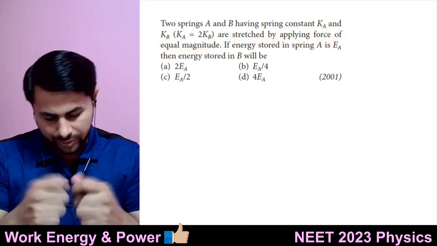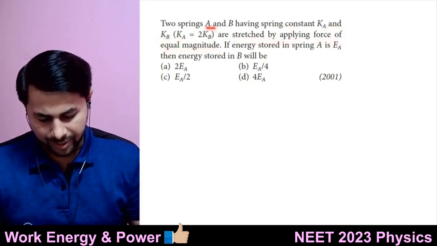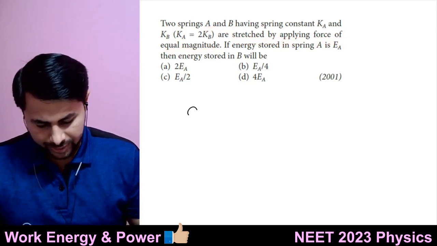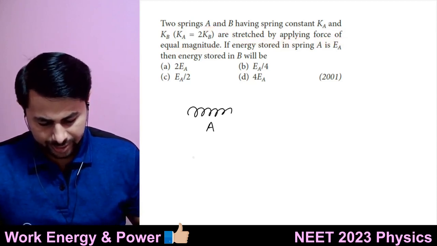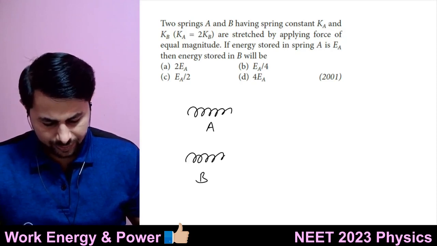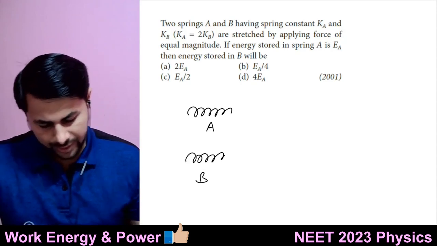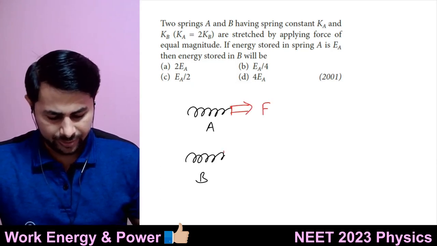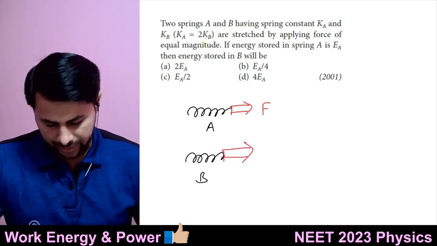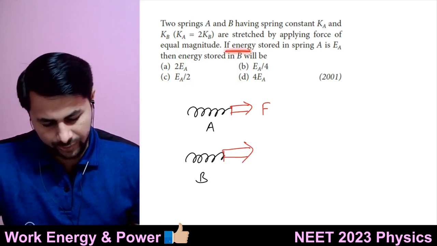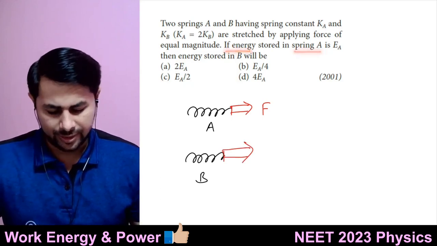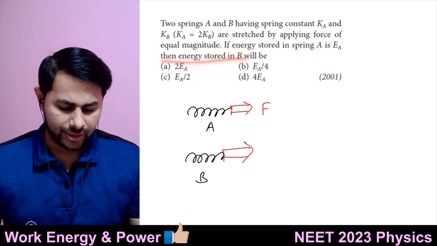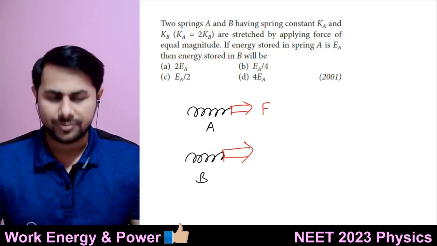So this is spring A, this is spring B, and you are exerting the same force F on both springs. The question is, if energy stored in spring A is Ea, then energy stored in spring B will be.